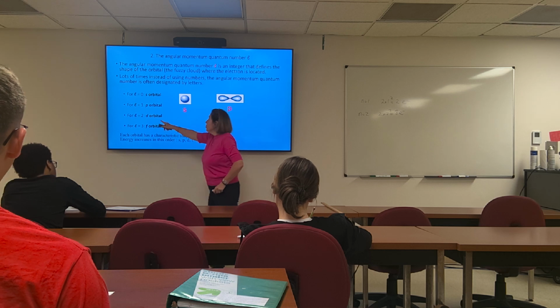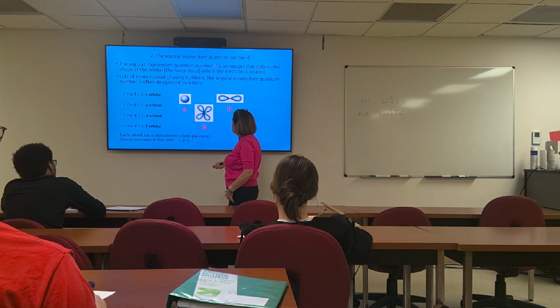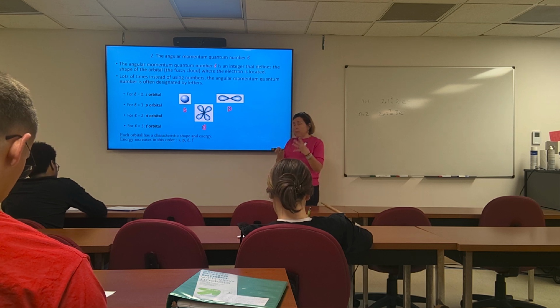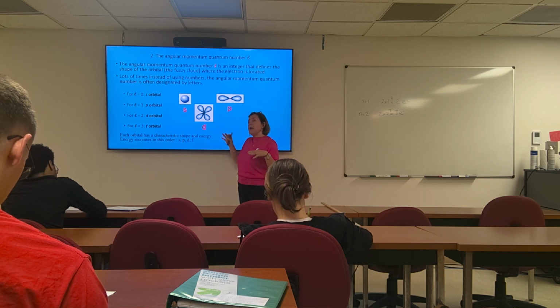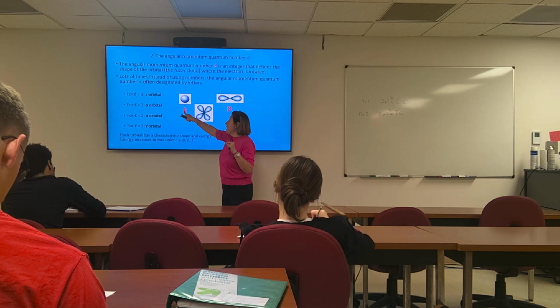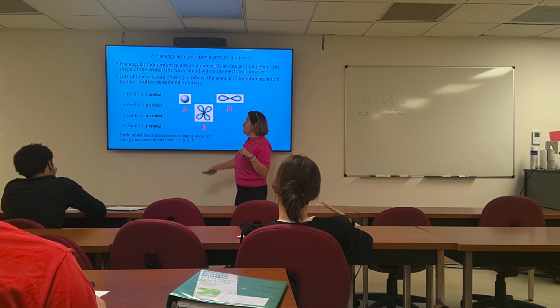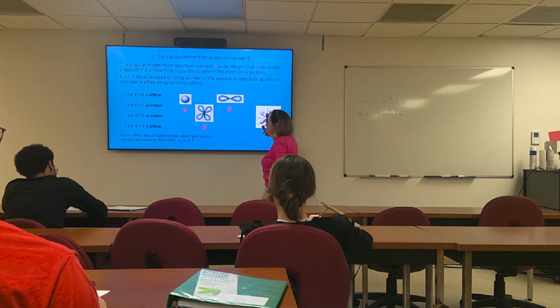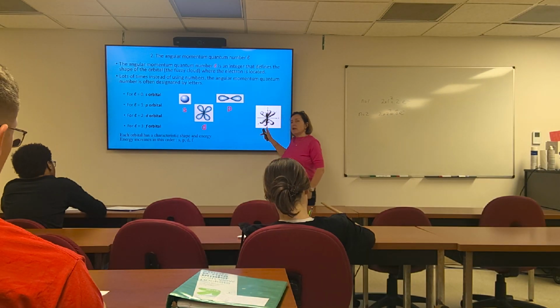For L equals 2, we have the d orbitals, okay? The d orbitals are even more complex in their shape, looks like a clover leaf, and they have a higher energy compared to the p orbitals. So the energy of the orbitals increases as you move from s to p to d. The last one that we talk about, L equals 3, indicates the existence of an f orbital.